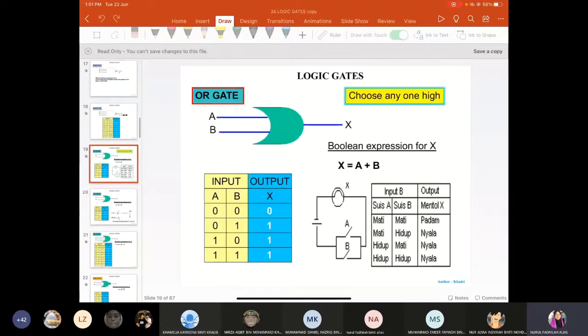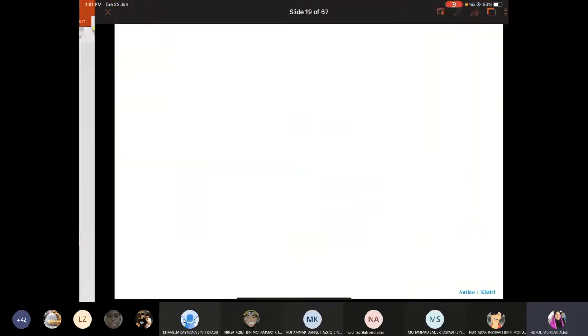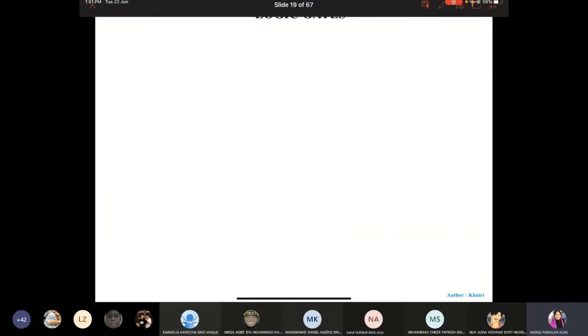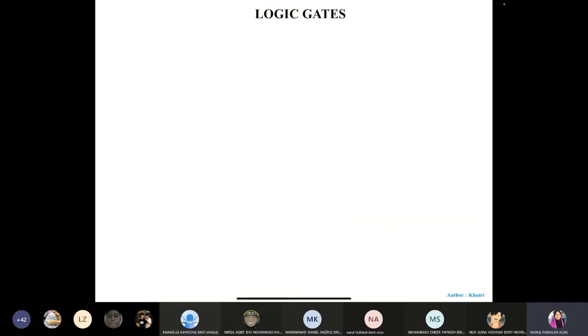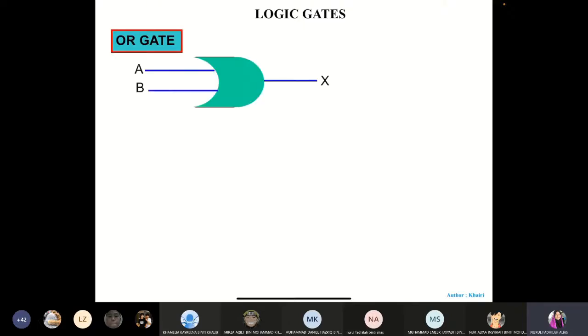Next, you dah tengok NOT, you dah tengok AND, and then you have looked at NAND. So this is another one, OR. OR, nama OR maksudnya apa? Atau. Agak-agak awak, you can write your own Boolean without me telling you.